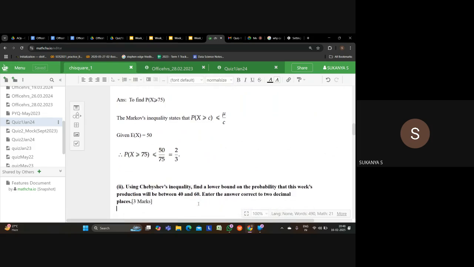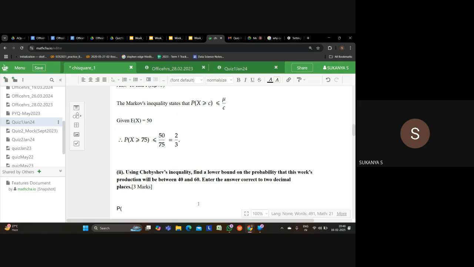Don't worry. Using Chebyshev inequality, we are to find a lower bound such that the production will lie between 40 and 60. So what is the formulation asked of us? Probability of? What is asked of us?